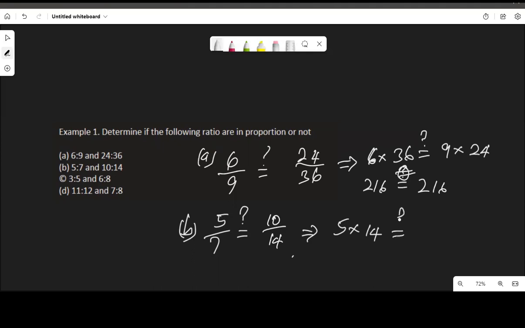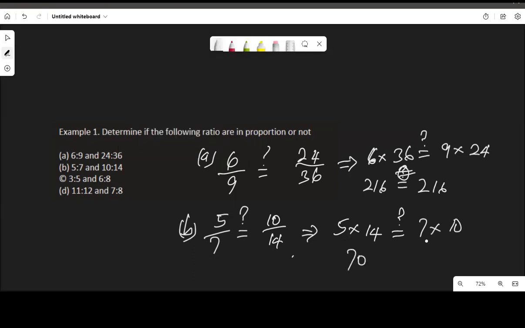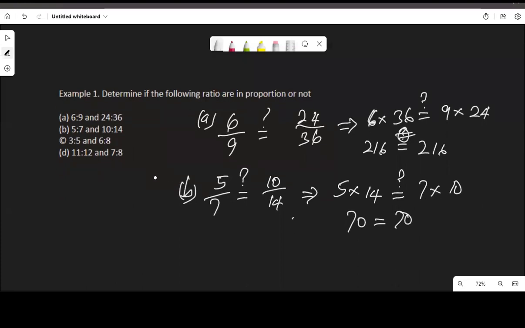Let's assume it is equal to 7 multiplied by 10. 5 times 14 is 70. 7 times 10 is also 70. So the ratios 5 to 7 and 10 to 14 are in proportion since we have 70 on both sides.